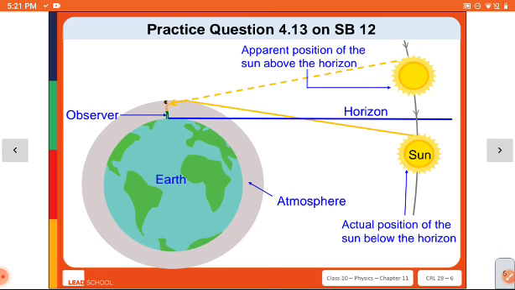At that position we see the sun after sunset, delayed by 2 minutes. The main cause of delay and advancement is atmospheric refraction.